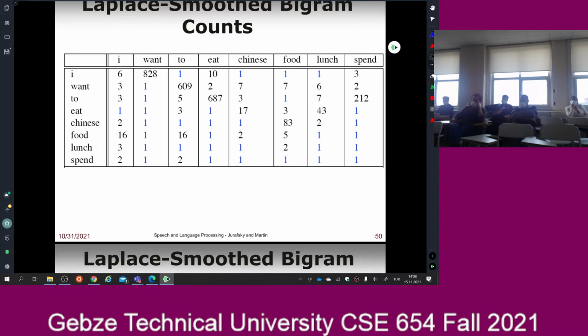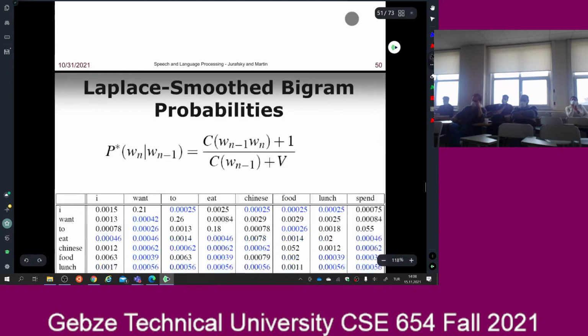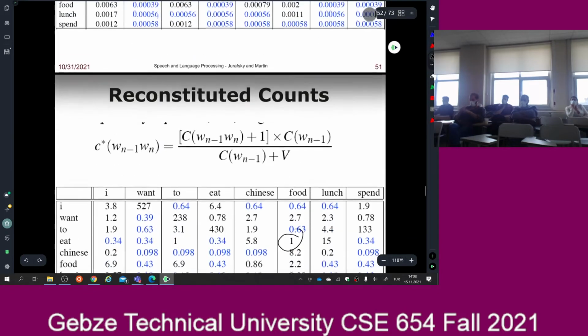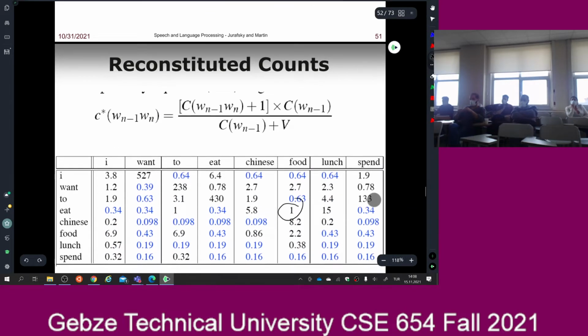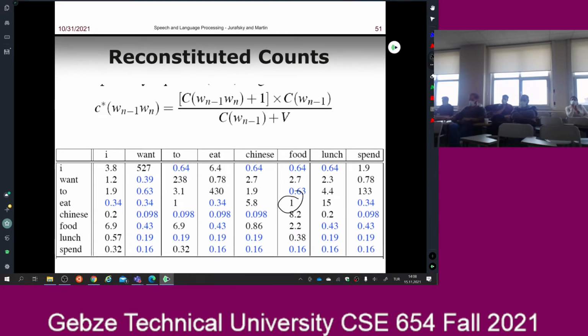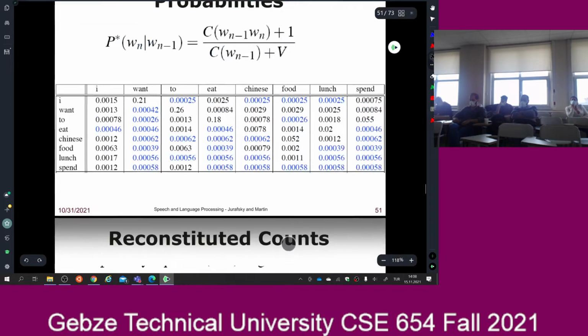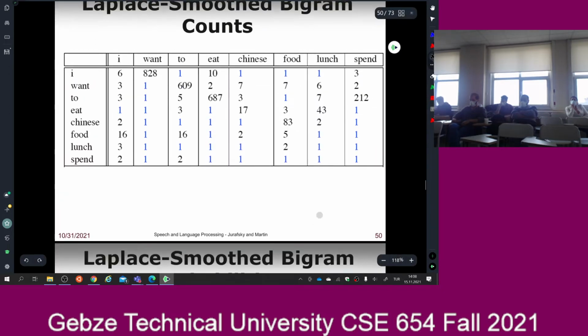But some of them are very big. Let's look at this. To spend went from 200 to 130. There was one extreme case: to eat, 430. Here it is, 600.